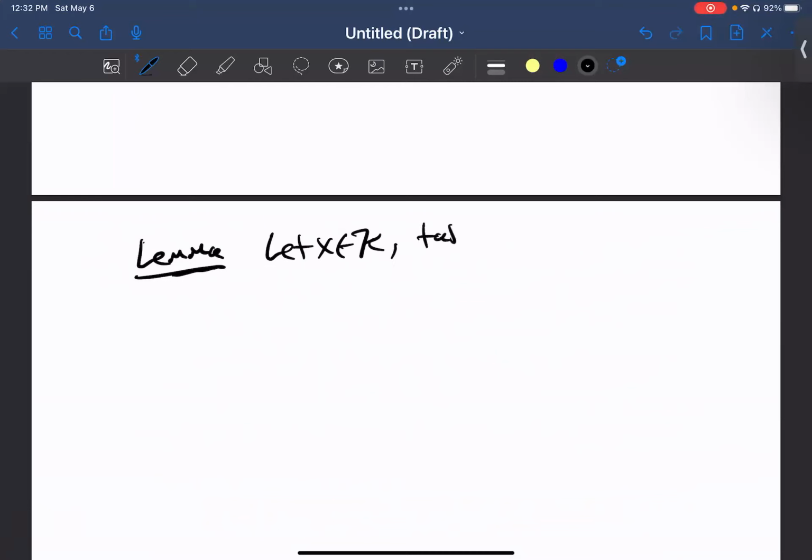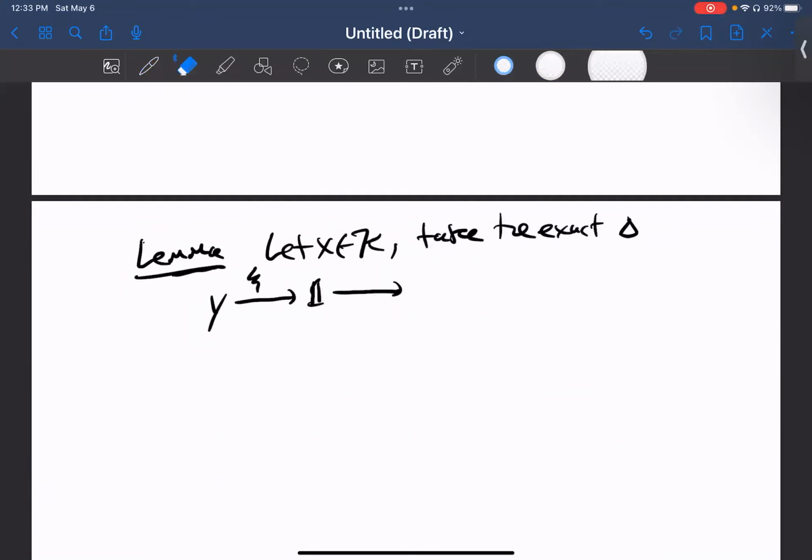And take the exact triangle. So we're going to have Y mapping over by Z to the unit, which is going to map in by the unit for the adjunction of X and X dual. And then mapping off to the cone, to the shift of Y. I'm going to call this triangle C.